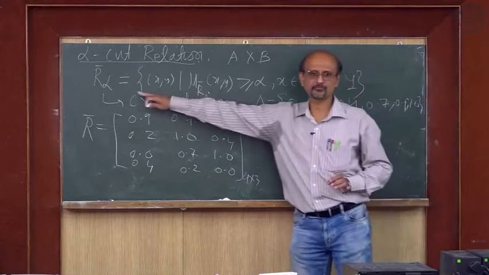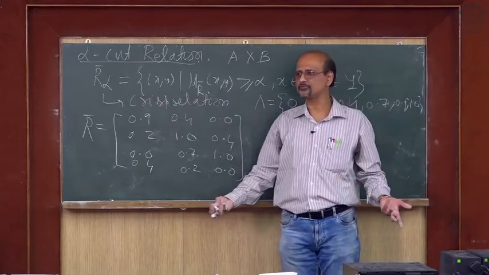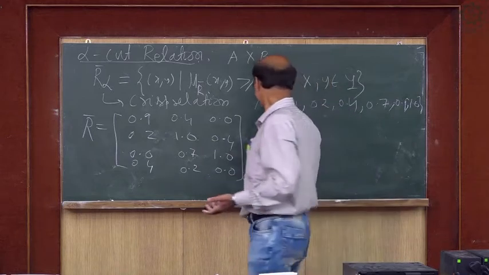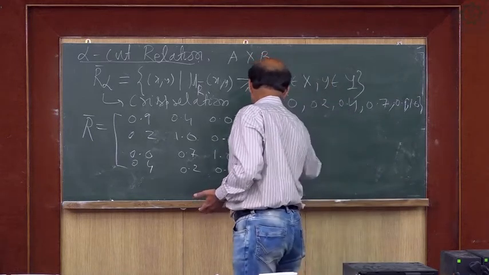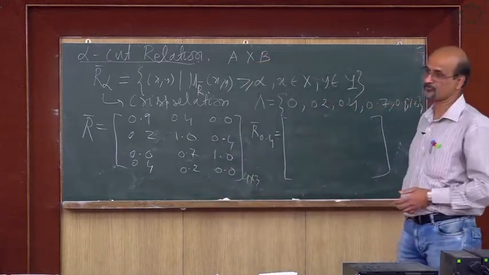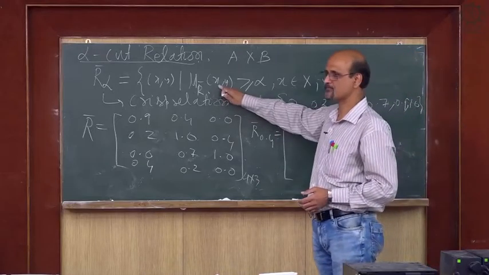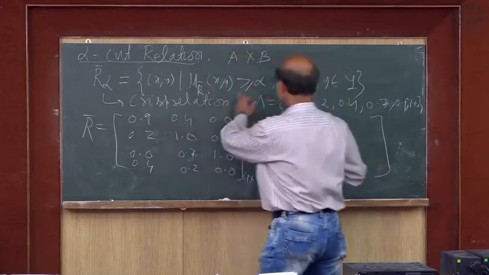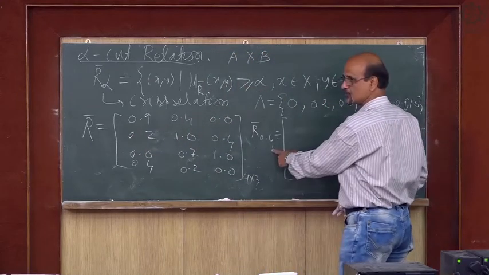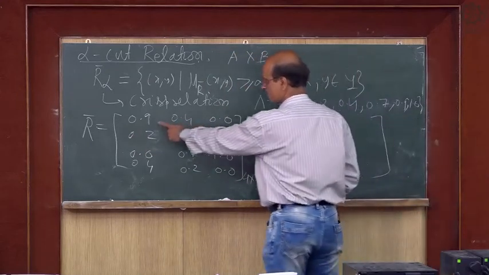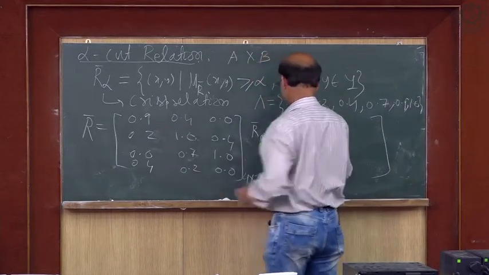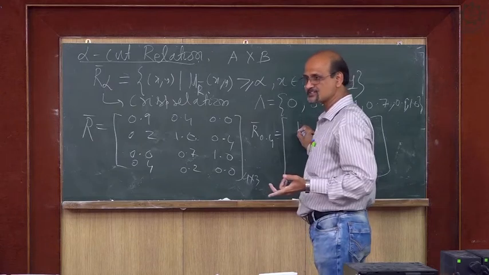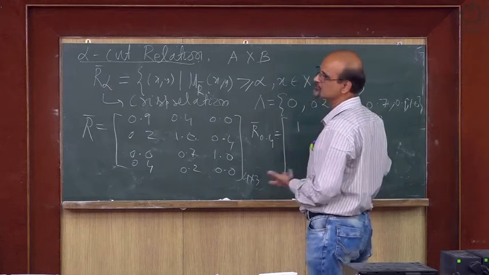Now, suppose I have to find R bar 0.4. Let us find R bar 0.4. The definition is mu R bar (x, y), for all these x and y, greater than or equal to alpha, meaning greater than or equal to 0.4. See, in 0.9, yes. So, what should I put here? 1, because it is crisp, and when it is not satisfied we will put 0.